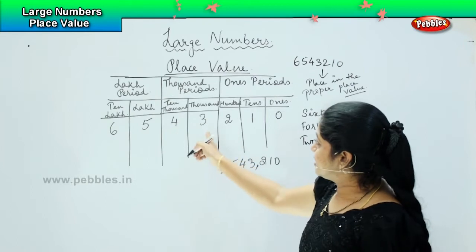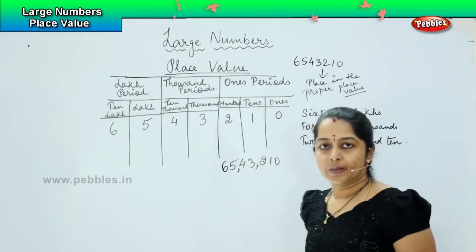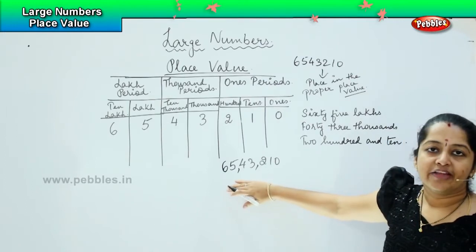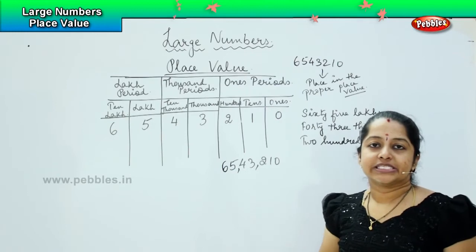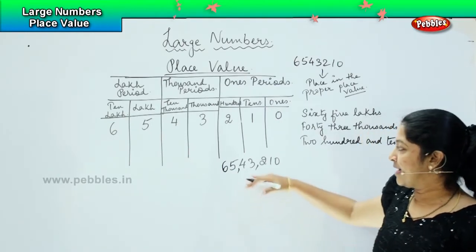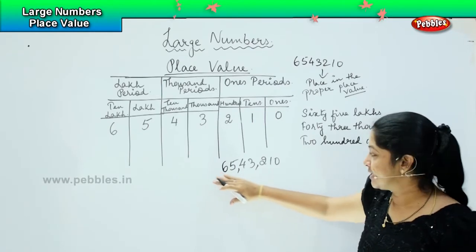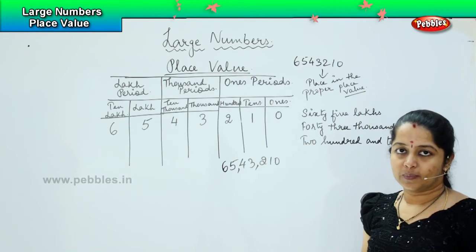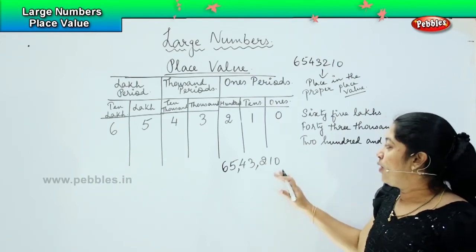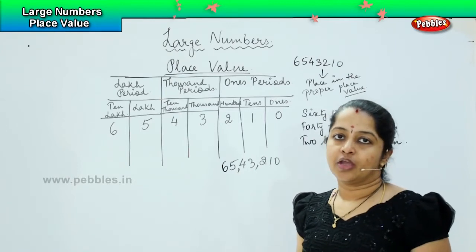Then, tens, thousands periods, which is after 43. Okay. So, this is how I will be writing it by separating with a comma after the certain period. So, now it becomes easy for me to read it. 65 lakhs 43,210. Okay, got it?